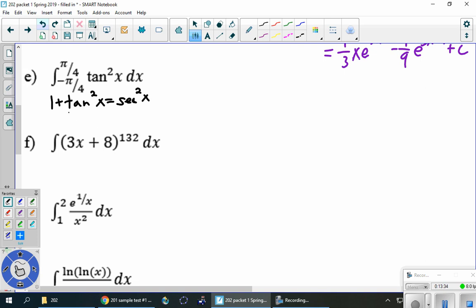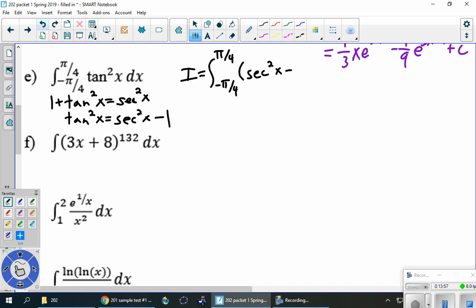So I want tan squared by itself, so let's subtract 1 from both sides. So we get tan squared x equals secant squared x, and then the whole thing subtract 1. So the original integral is equal to the integral from negative pi over 4 to pi over 4 of, and then instead of tan squared x, we'll just put secant squared x minus 1, the whole thing. Again, that is not calculus. We still have to do the calculus, but that is a pre-calc trig identity substitution.